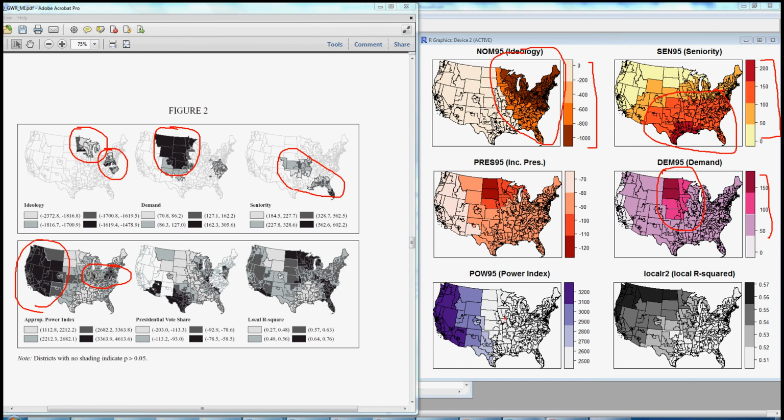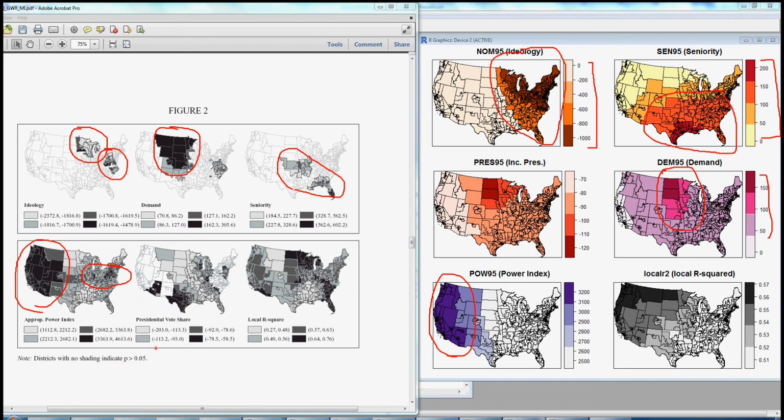And in our power index, it's also statistically significant across the entire United States, but especially strong in the western third of the United States, matching what you might say is the core finding of the original publication.